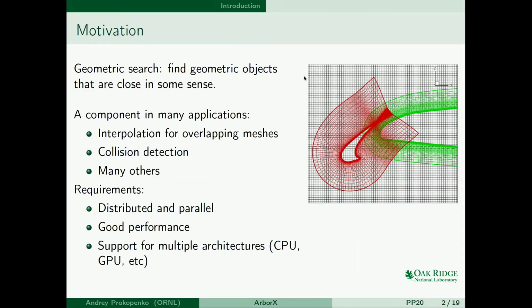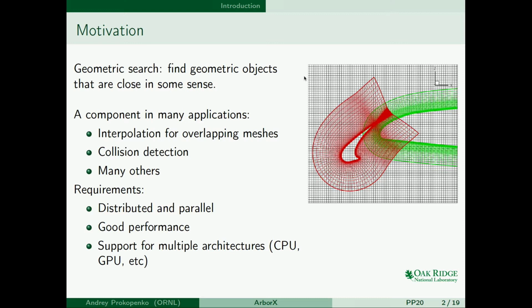OK, so I don't know how many people are actually familiar with what geometric search is, but in general, the goal of geometric search is to find objects in space that are close to your targets in some sense. In our work, we have several applications.